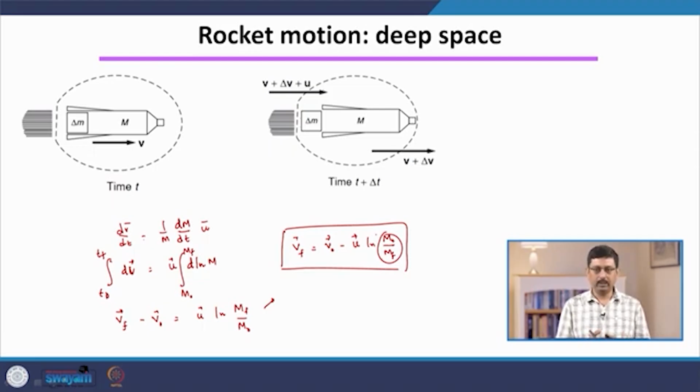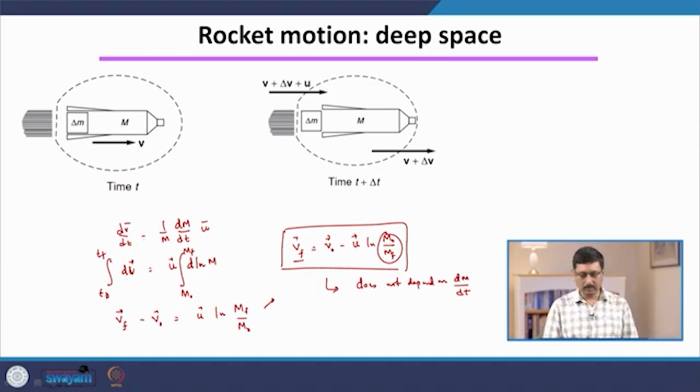It does not depend on the rate of change, that is at what rate the fuel is ejecting from the rocket. So, the fuel can eject very slowly from the rocket, or it can eject very rapidly, but as long as the ratio of the mass is the same, you get the same final velocity.